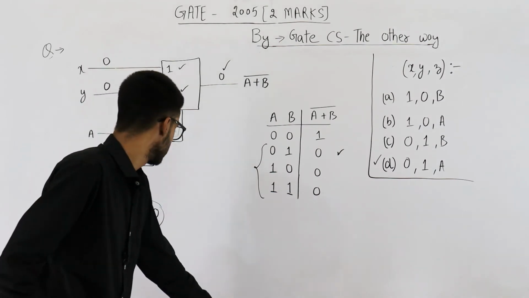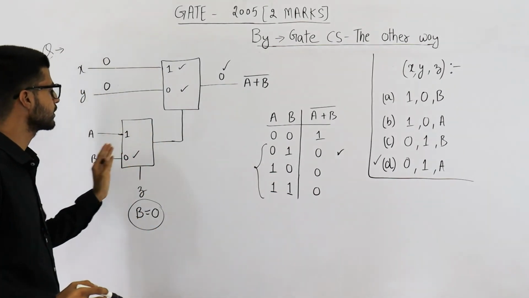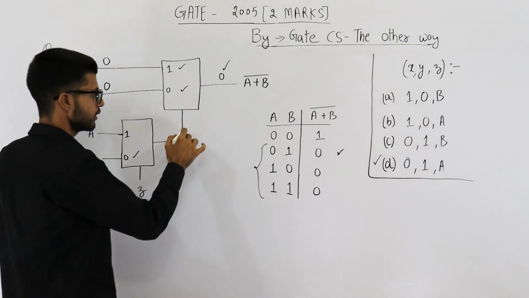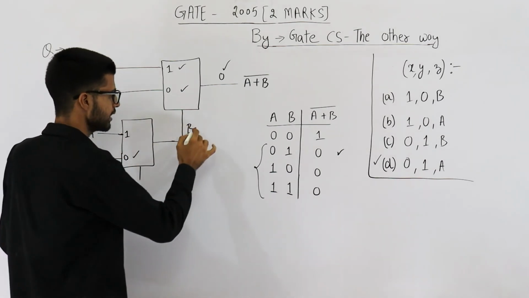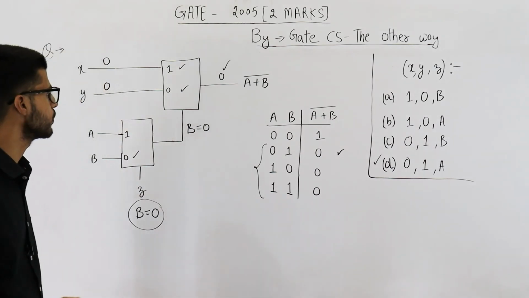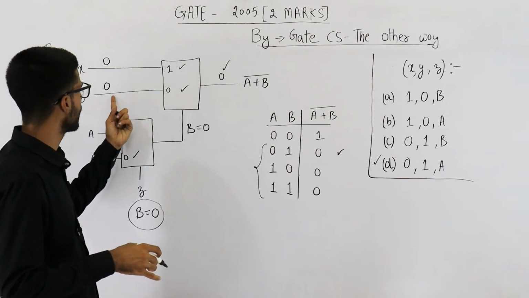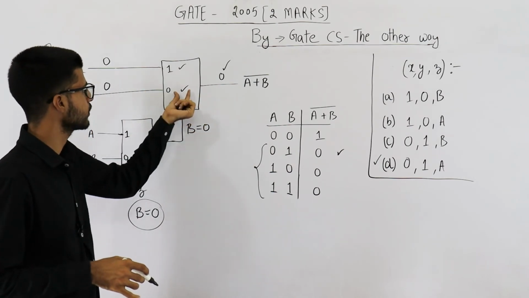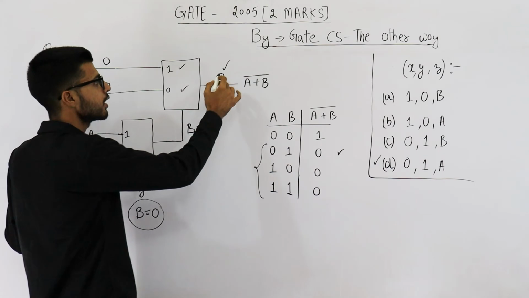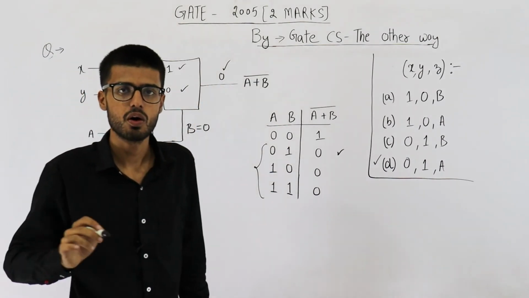When variable B becomes 0, this input will be selected and given as output. We'll get B here only and B is already 0. Whatever be the value of A, you will always get Y in output because the select line of this multiplexer is 0. So the output will always be 0 irrespective of the value of A.